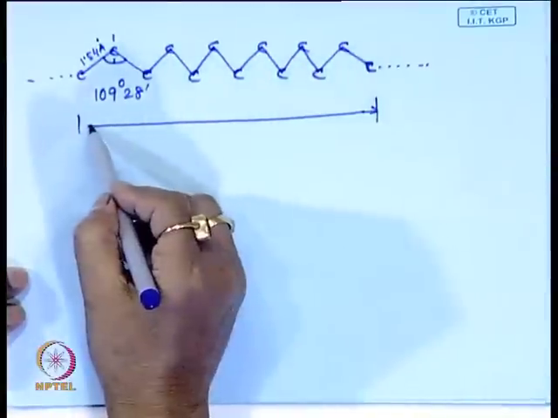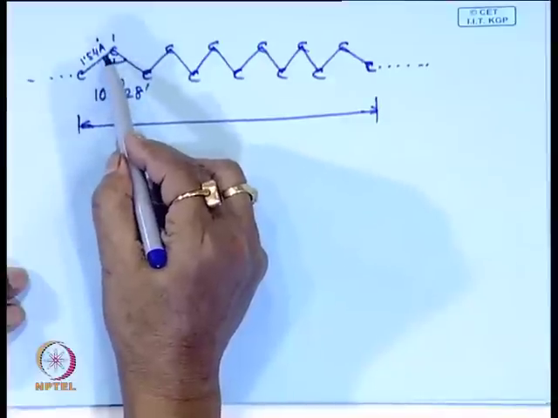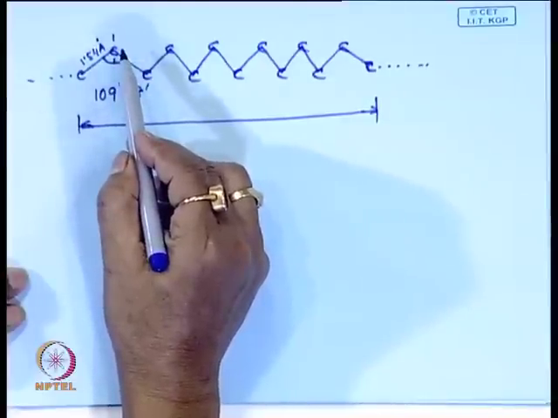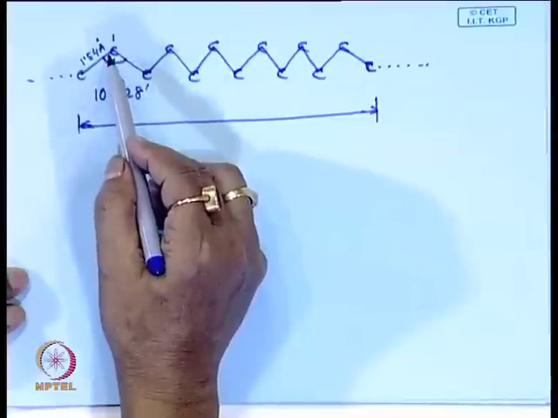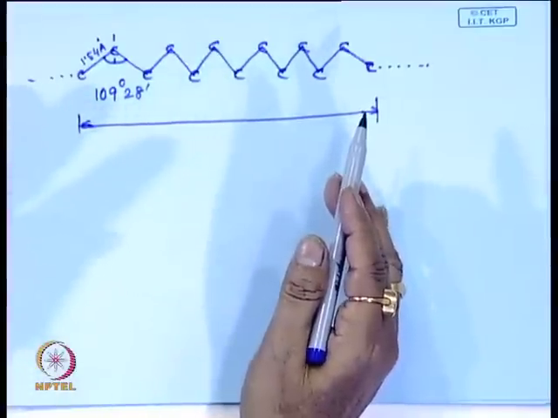Can you not calculate? If you know how many CC units are there, suppose there are 1000 CC units, you can calculate. So, take this as a home task for calculation of the length of this polymer chain.